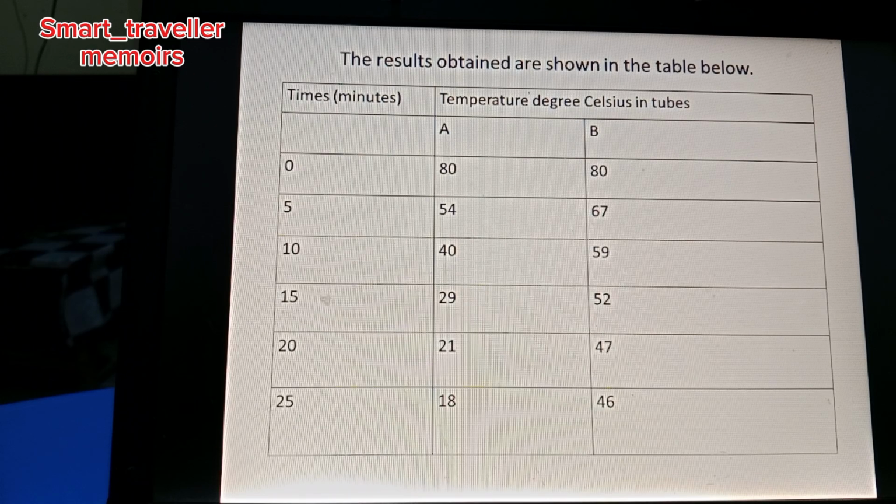After 5 minutes, A 54, B 67. 10 minutes, A 40, B 59. 15 minutes, 29 for A, 52 for B. 20 minutes, 21 for A, 47 for B, and finally, after 25 minutes, 18 for A and 46 for B.